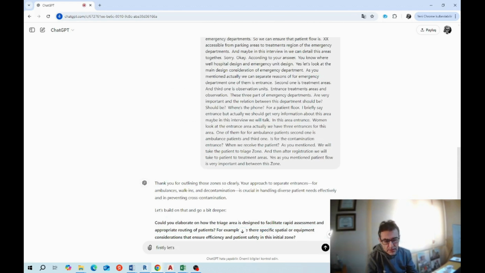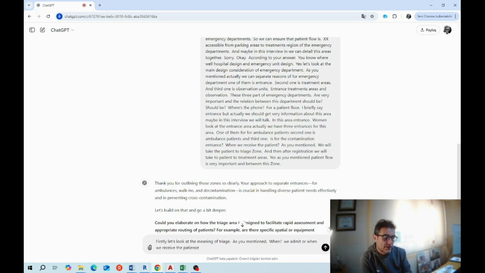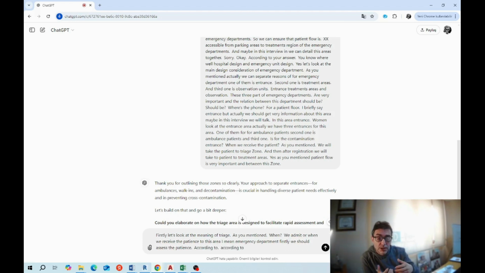Firstly, let's look at the meaning of triage. As you mentioned, when we receive patients to this area, I mean the emergency department, firstly we should assess the patients according to their condition.